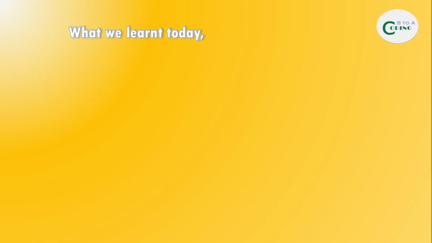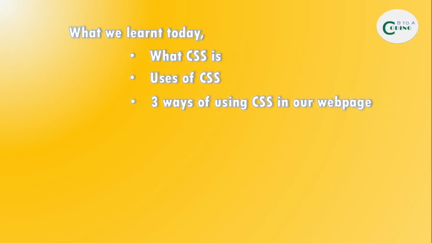Let's have a quick recap on what we learned today. We learned what CSS is, the uses of CSS, and 3 ways of using CSS in our web page. And the first one is inline, second one was internal, and the last one, which we used in most of the parts of our tutorial, was external CSS.